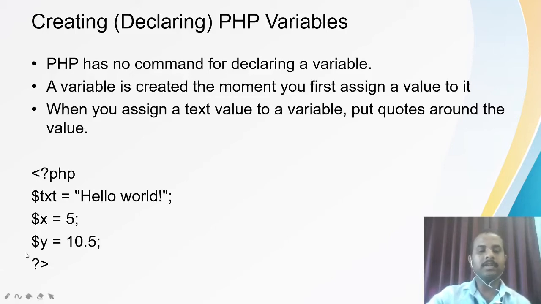If you are going to assign a number or floating point number, then don't enclose the value in quotation marks, but if you are assigning a text value or any string, then you have to enclose that value in quotation marks.